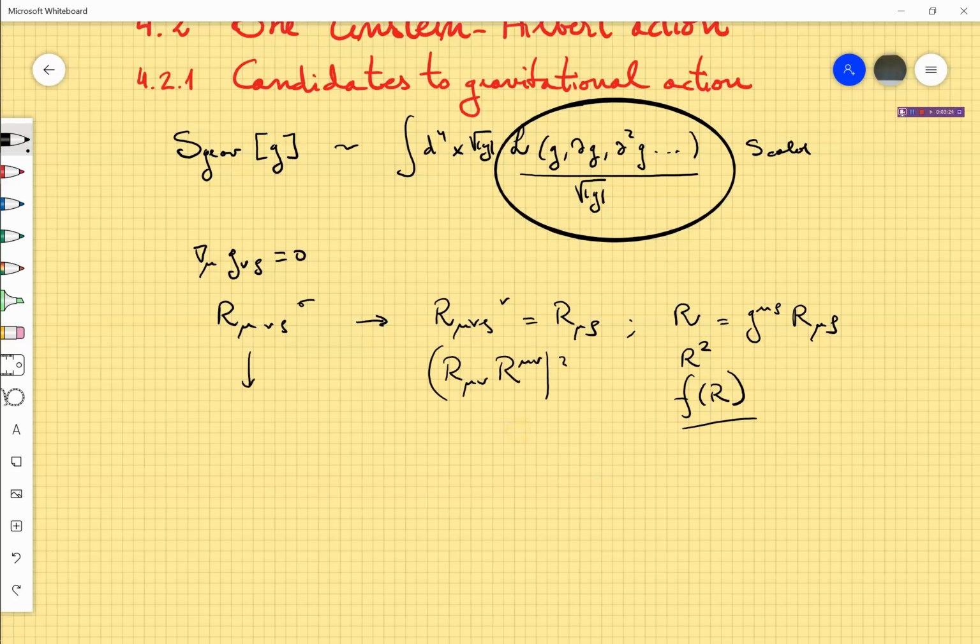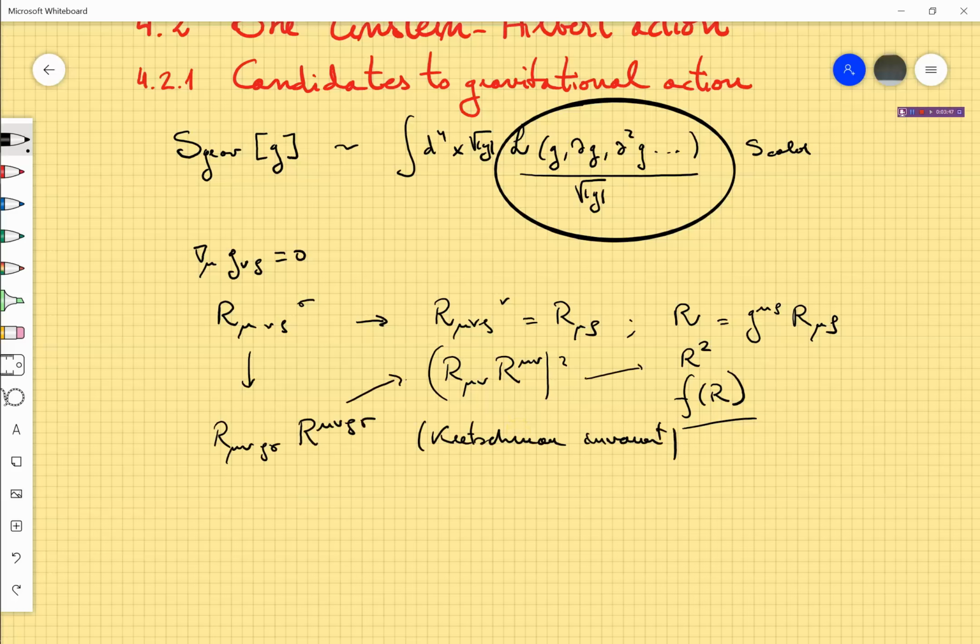And then with R mu nu itself, you can construct, for instance, this scalar, which is called the Kretschmann invariant. And of course, you can multiply one scalar by another scalar, this times this or times that.